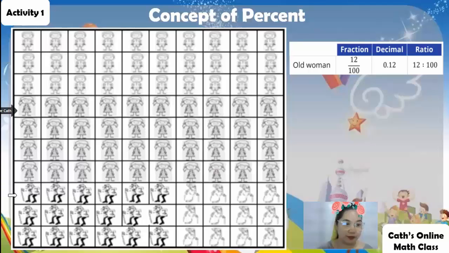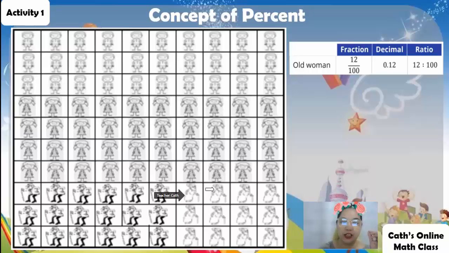These are pictures of an old man, and this picture is an old woman. Now let's first review how we make this a fraction, a decimal, and a ratio.